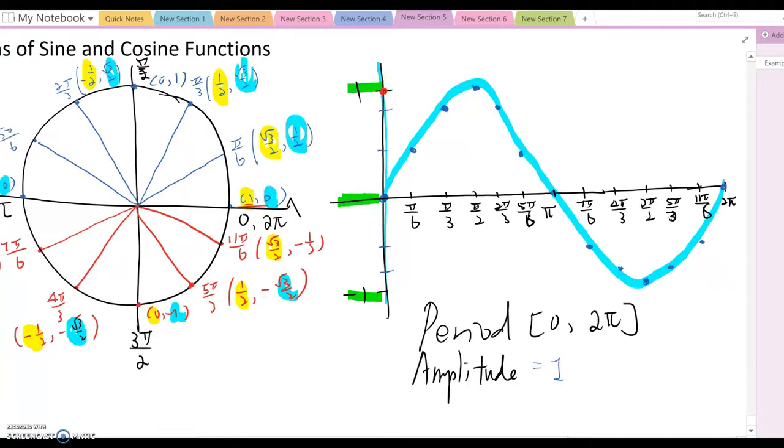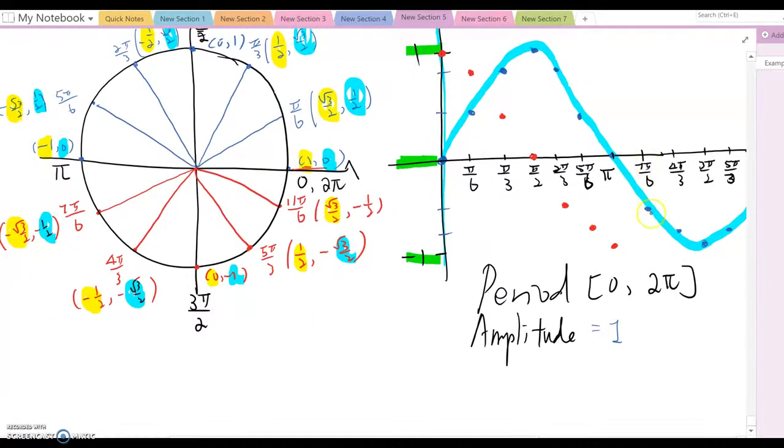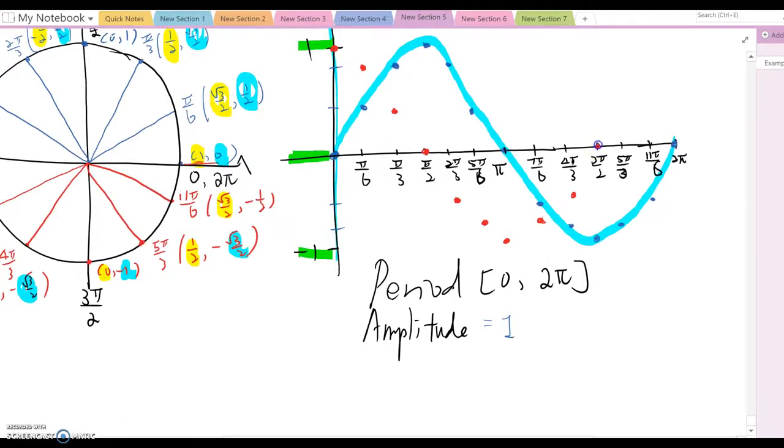So 0 and 1, pi over 6, root 3 over 2, pi over 3, 1 over 2, pi over 2, 0, and 2 pi over 3, negative half, and 5 pi over 6, negative root 3 over 2, pi, negative 1, and 7 pi over 6 becomes negative root 3 over 2, and 4 pi over 3, negative half, and 3 pi over 2, 0, 5 pi over 3, 1 over 2, and 11 pi over 6, root 3 over 2, 2 pi, 1 here.